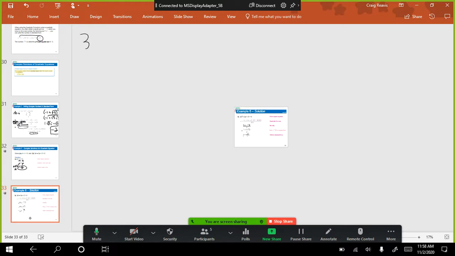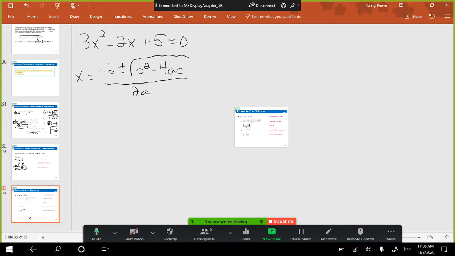We've got 3x squared minus 2x plus 5 equals 0. It will not factor, so we're going to use our quadratic formula. And if you remember what it is: negative b plus or minus the square root of b squared minus 4ac, over 2a.